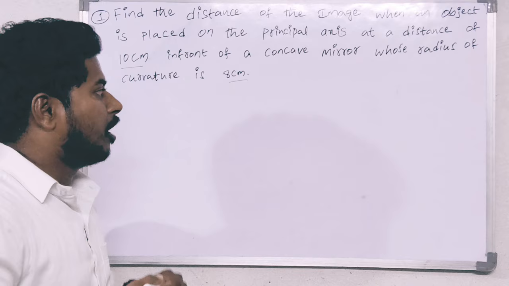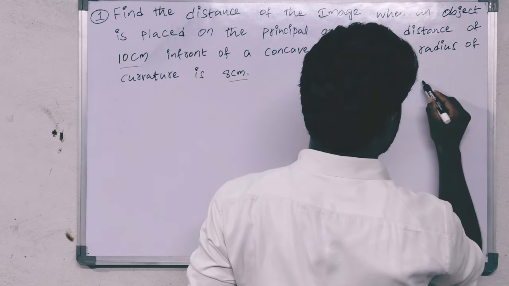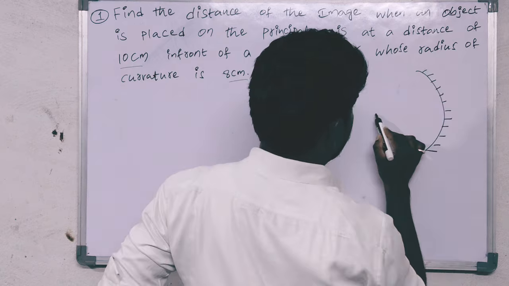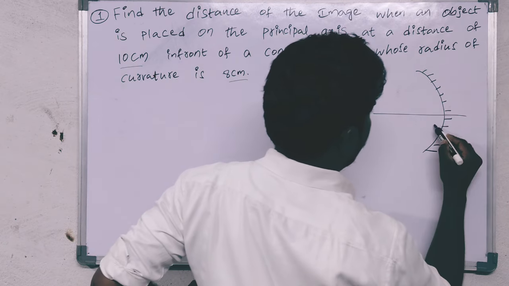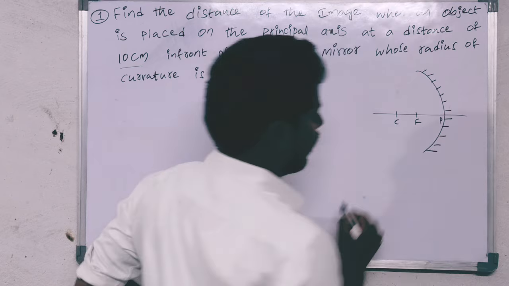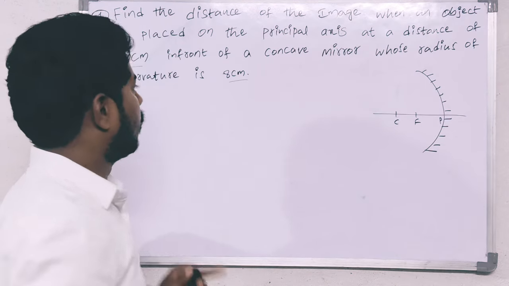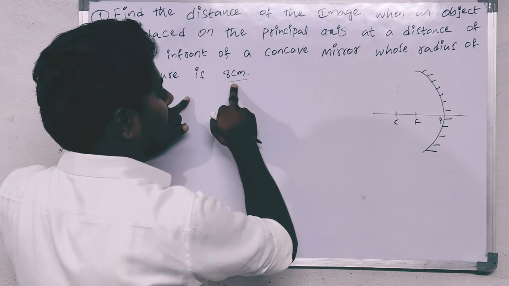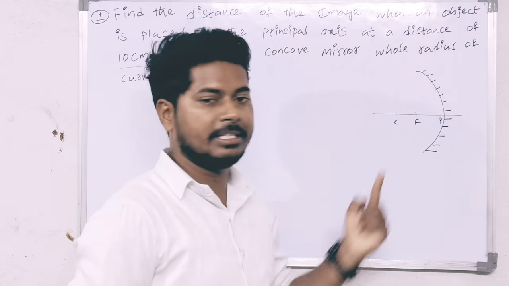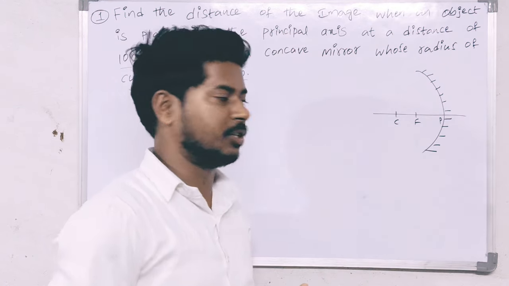Let me draw the concave mirror. This is concave, with pole, focus and center of curvature. So radius of curvature is given. The distance of center of curvature from the pole is called radius of curvature.